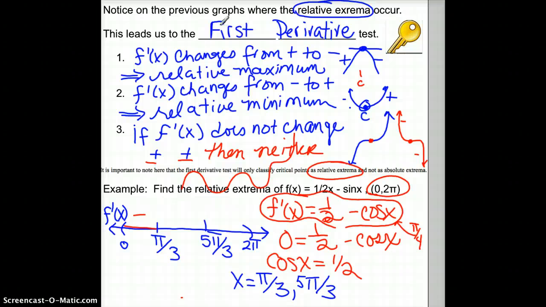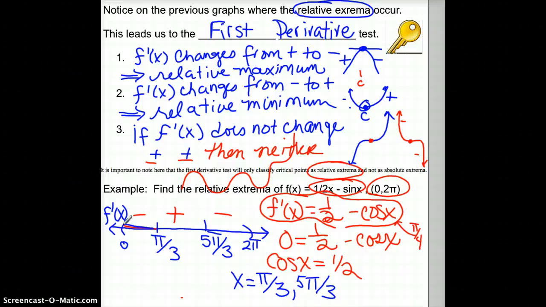Although technically you're not supposed to assume that they alternate, if you really understand graphically what's going on, they will. So I really don't need to test for one like this, where I know what the sine wave looks like. So the question was, where are the relative extrema? Well, what this is telling me is that in this part of the graph right here, the function was decreasing.